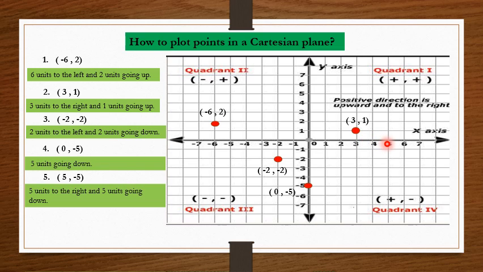And 5 units going down. 1, 2, 3, 4, 5. So this is the intersection. Or in shortcut, we have 5 here for x and -5 for y. So they meet each other here.